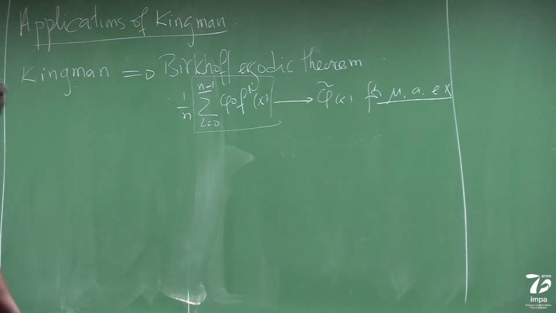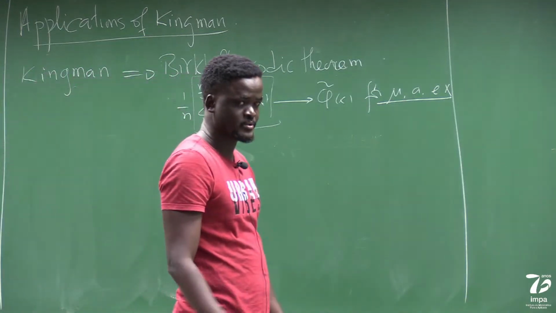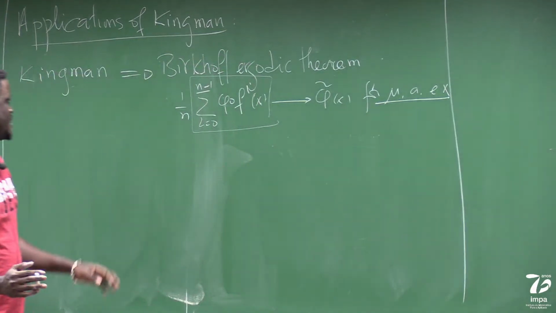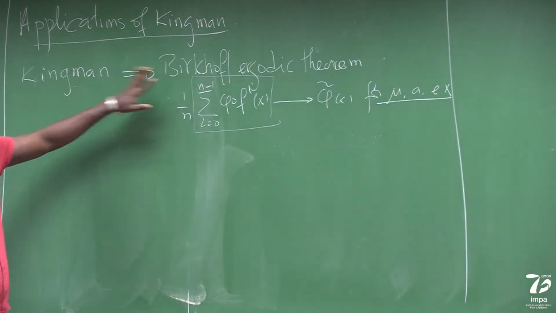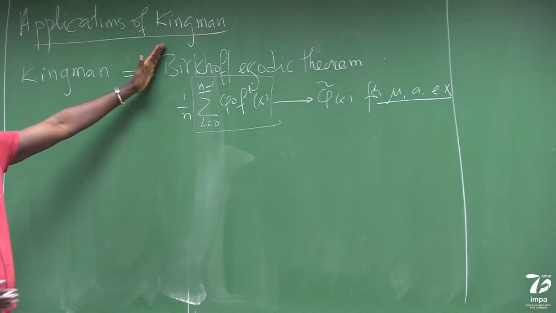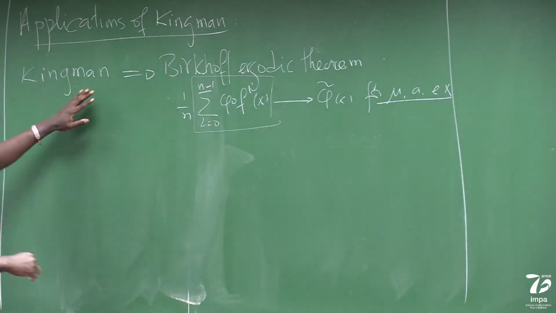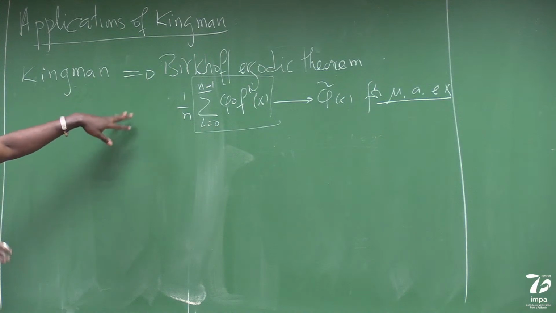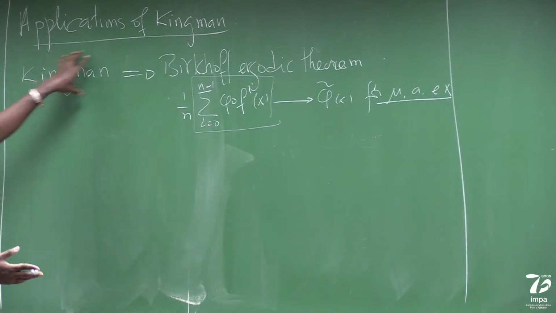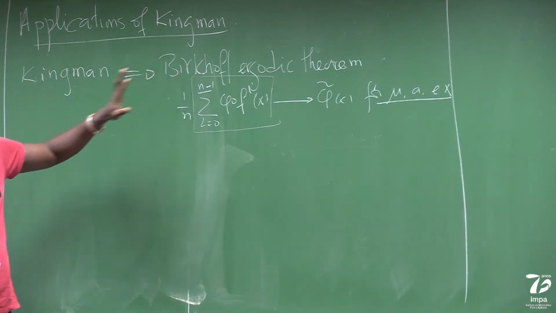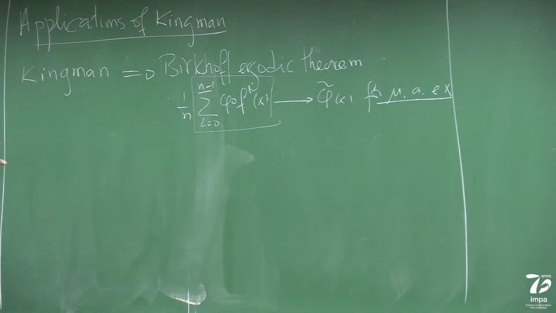So I must say, here we are proving Birkhoff using Kingman, but in the literature you can find a direct proof of Birkhoff not using Kingman. And you will also see in the literature some proofs of Kingman that use Birkhoff. But here we will do something a bit different. We will prove Kingman independently of Birkhoff, because in the literature there are many proofs of Kingman using Birkhoff.